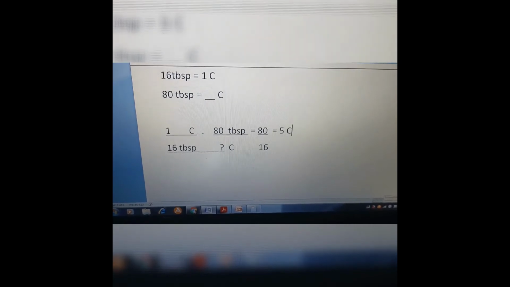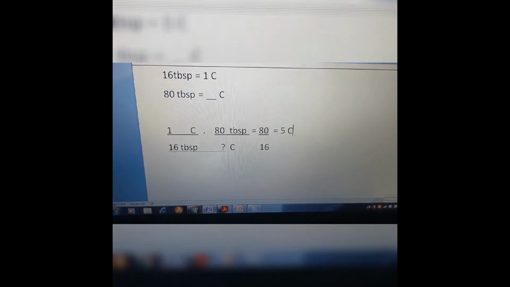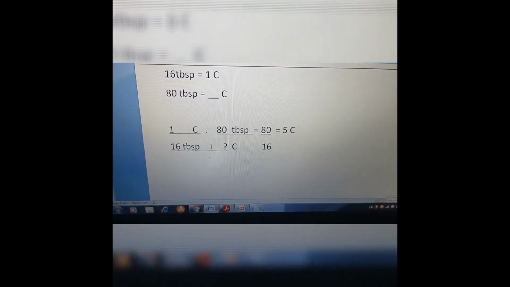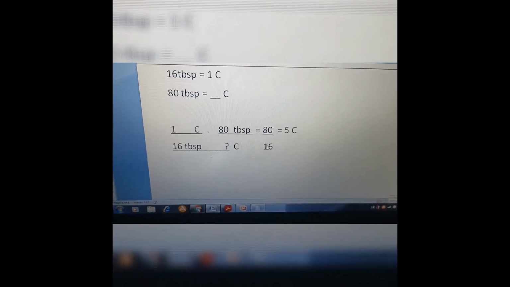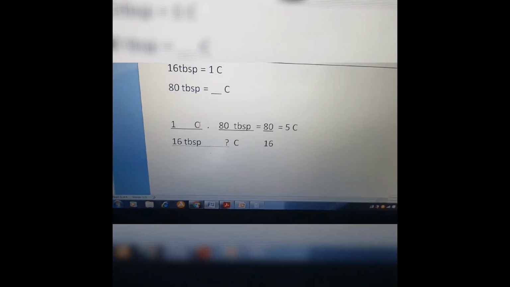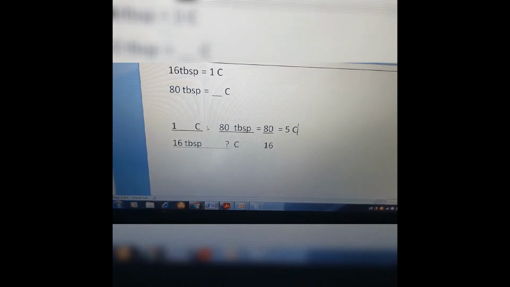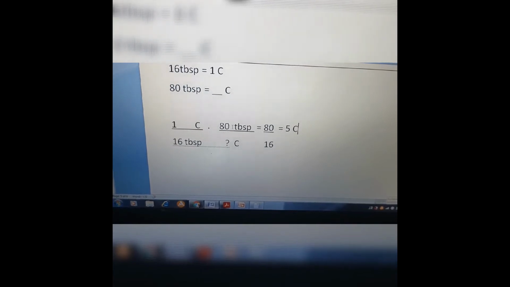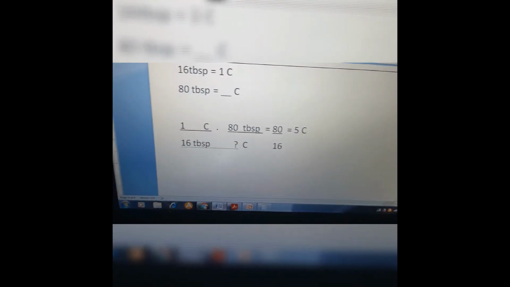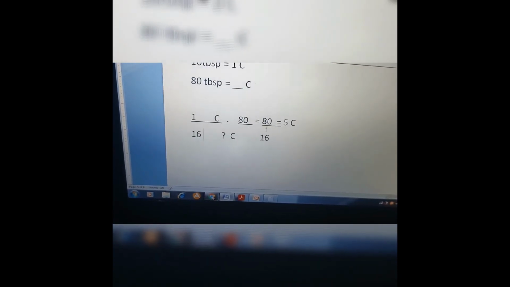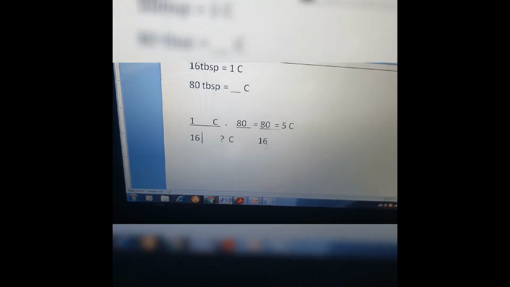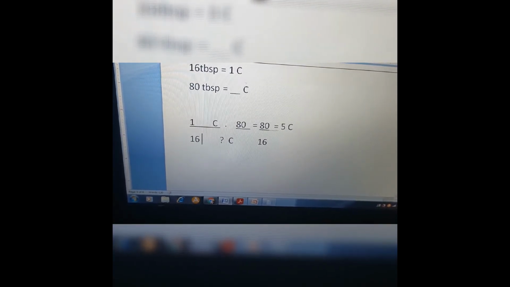Okay. 1 times 80 equals 80. 16 times 1 is 16. So we're going to cancel TBSP and the other one. So that cup will remain. 80 over 16, that's 80 divided by 16 equals 5 cups.